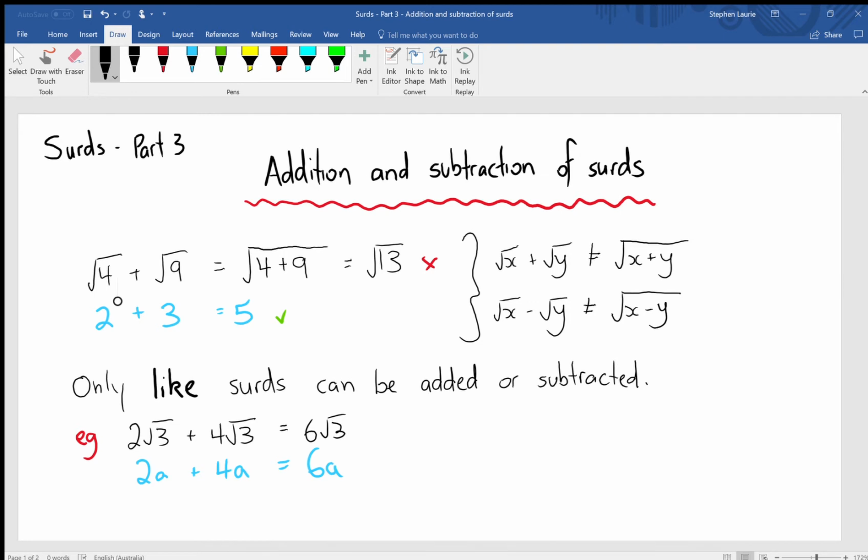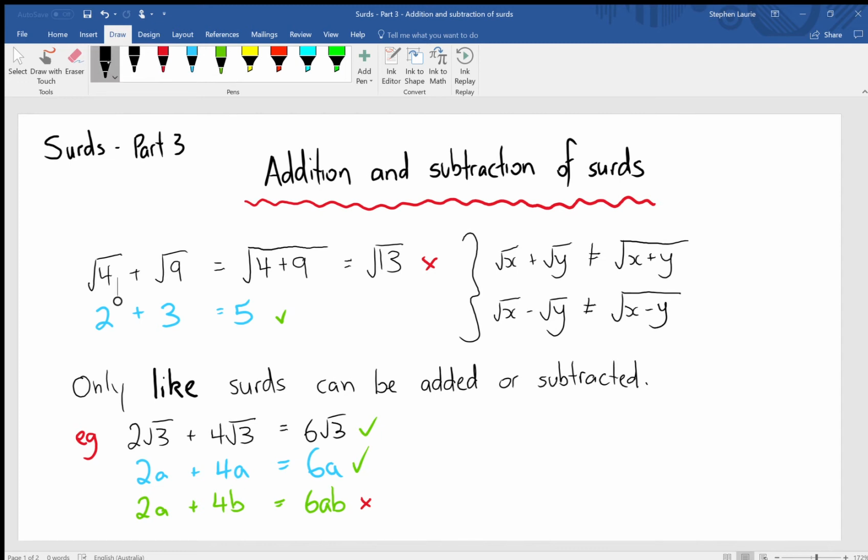Okay, that's good. But if we had something like 2a plus 4b and said, oh, that's like 6ab, well, we know that's wrong, don't we? That's wrong, but these two are good.